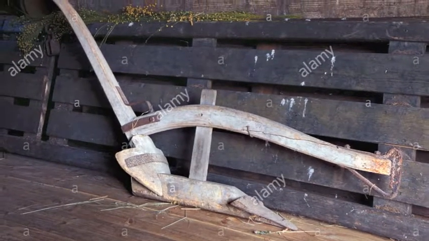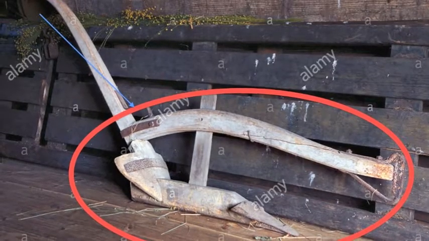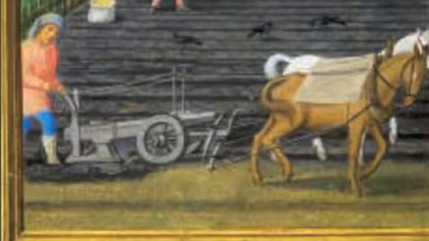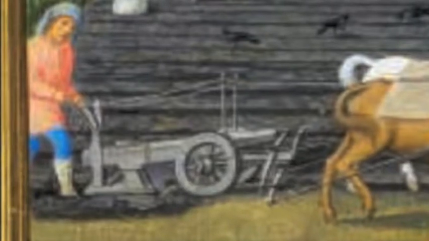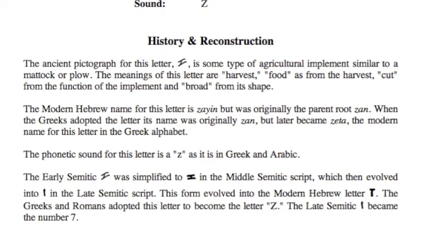The meanings of this letter are harvest or crop, because if you look at it, we're going to show it in post production, you can see a plow. This tool is used in the harvesting of food, from the harvest, cut from the function of the implement, and broad from its shape.